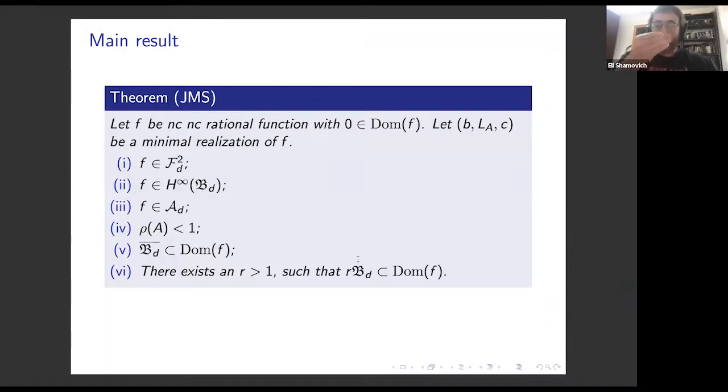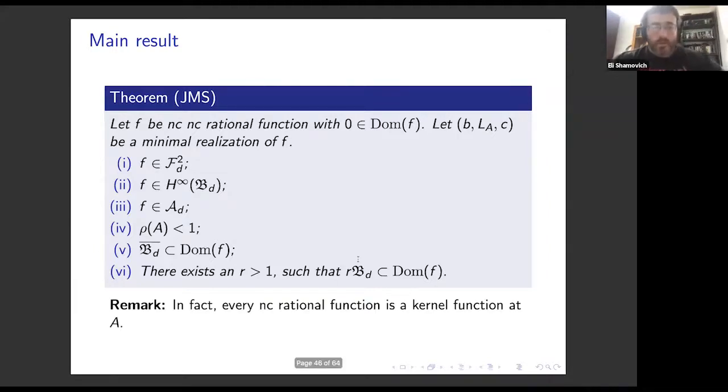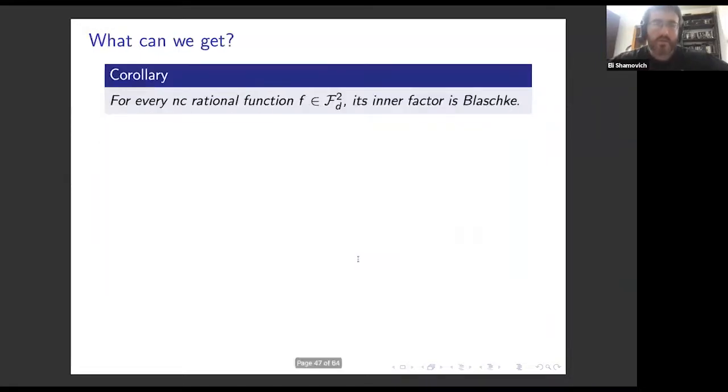Right? So a ball of radius not 1, but some r greater than 1. And the proof actually entails the fact that every NC rational function is a sort of kernel function.